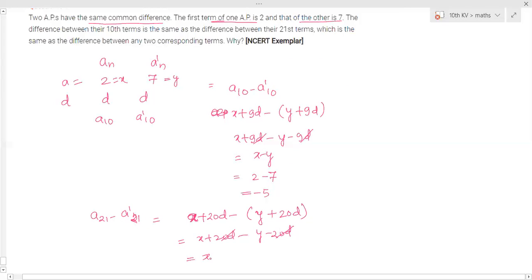So here also we get x minus y, and that is equal to minus 5. Because when the common difference is the same, the difference between every corresponding term will be the same, equal to the difference between the first two terms. This is one MCQ question. They will ask you this as an MCQ.